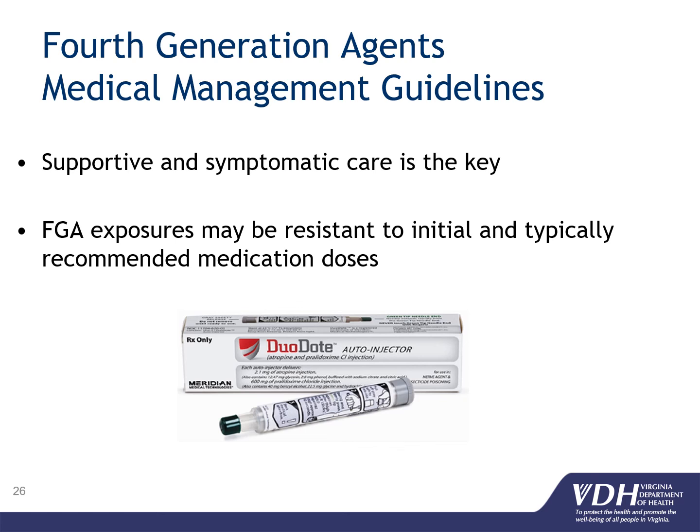Meticulous attention to supportive and symptomatic care is the key to managing these patients. Continuous monitoring can't be stressed enough. Fourth-generation exposures may be resistant to initial and typically recommended medication doses, and they require significantly higher doses repeated for a longer duration of time than other nerve agent exposures.